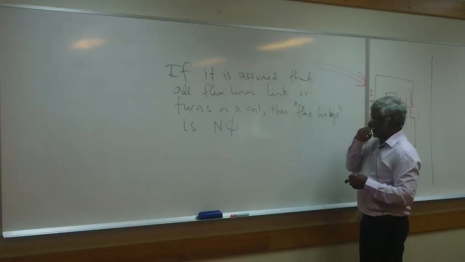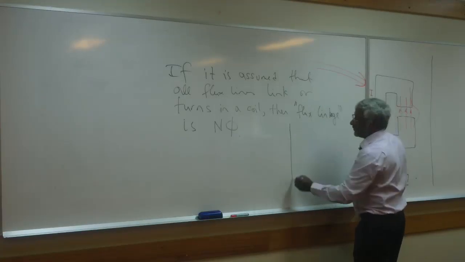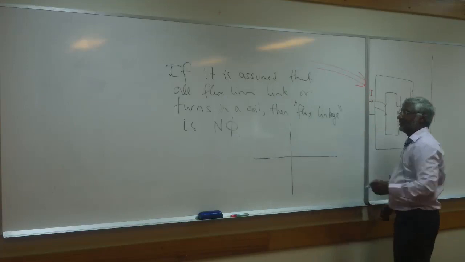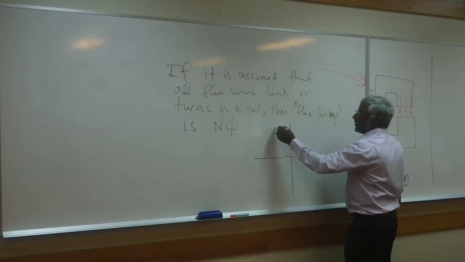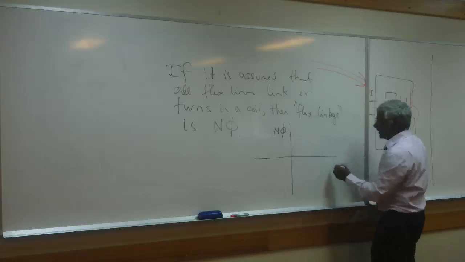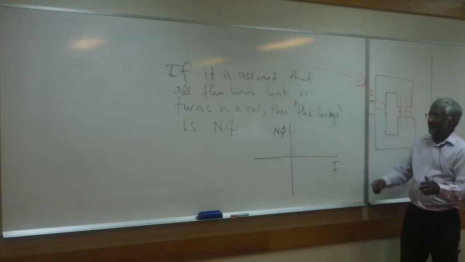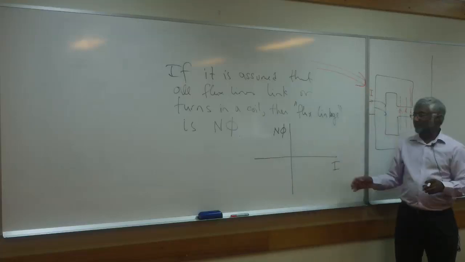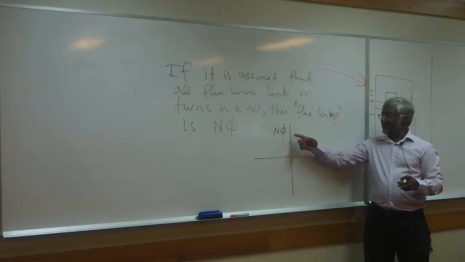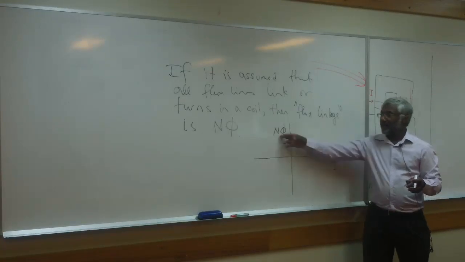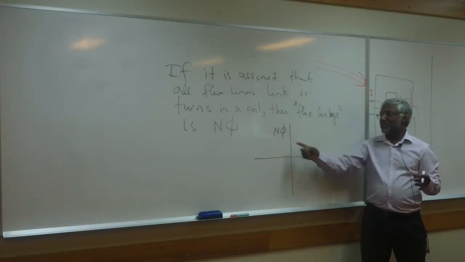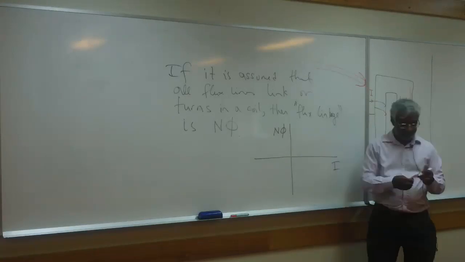Now if you do that, then just like we had that graph before of phi against I, you can plot a graph of N phi against I, and that graph will also be a straight line, because phi against I is a straight line, and N phi against I will also be a straight line because N is a constant.